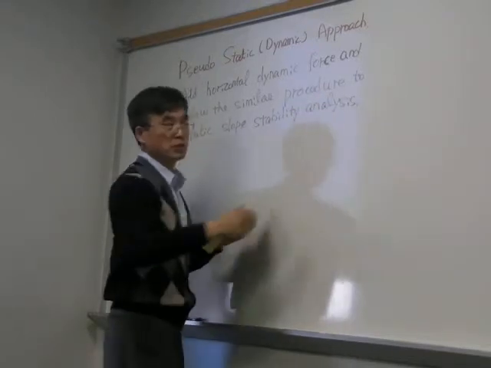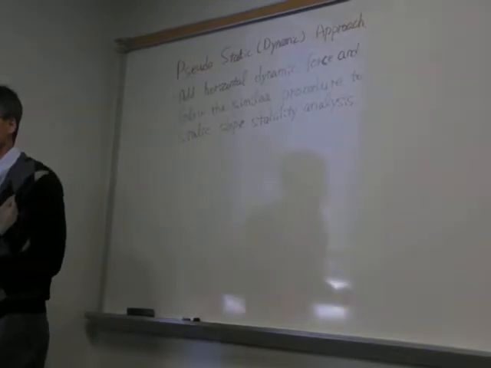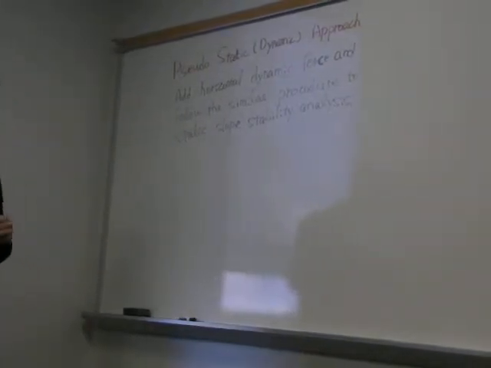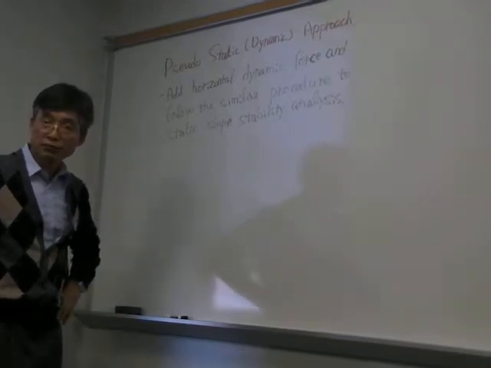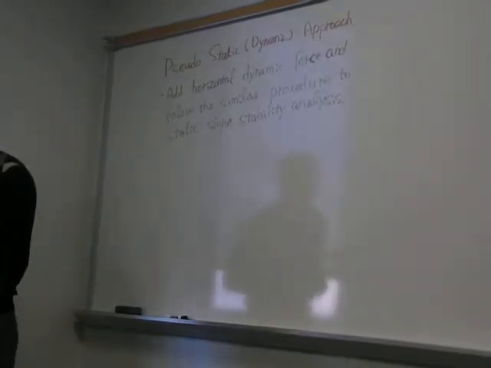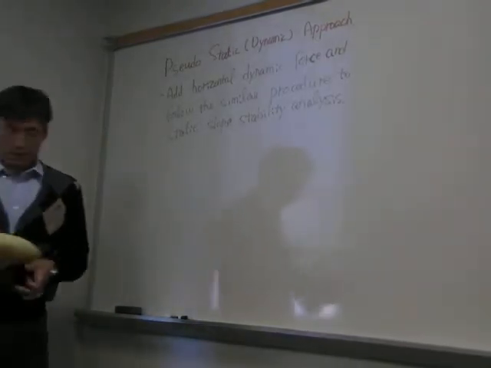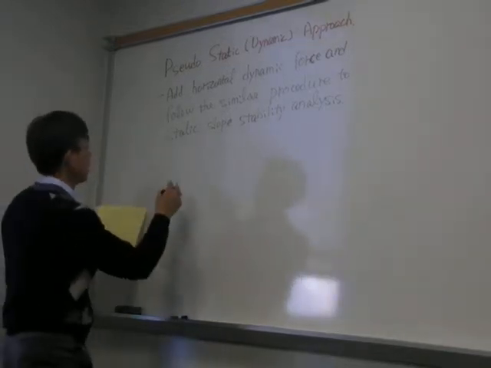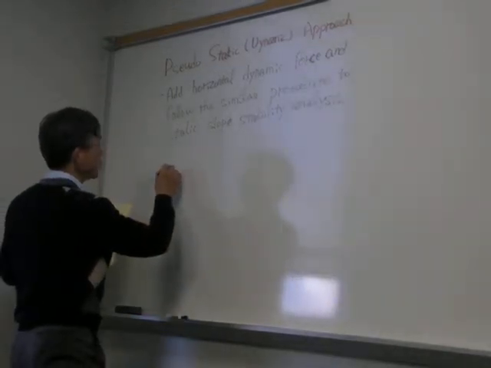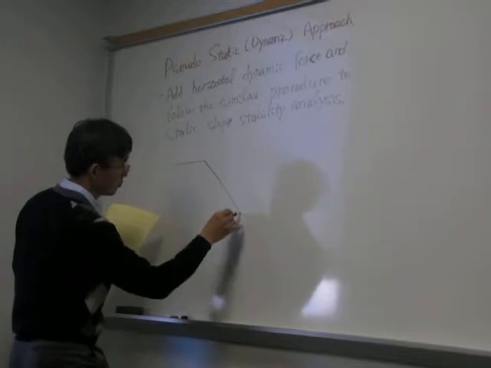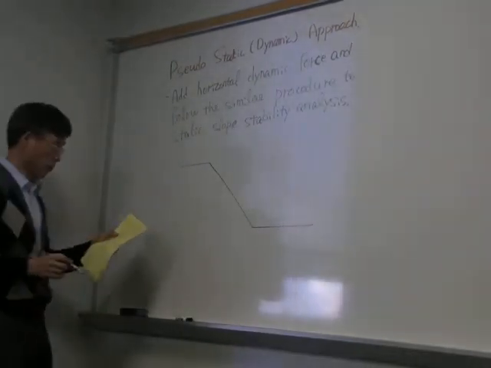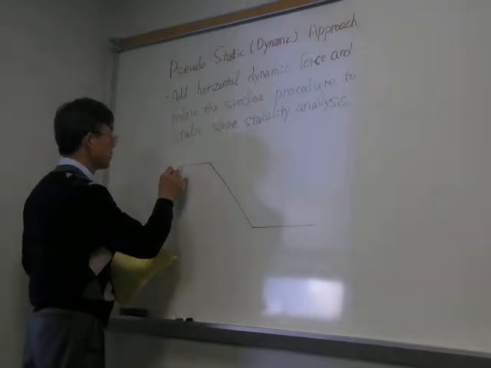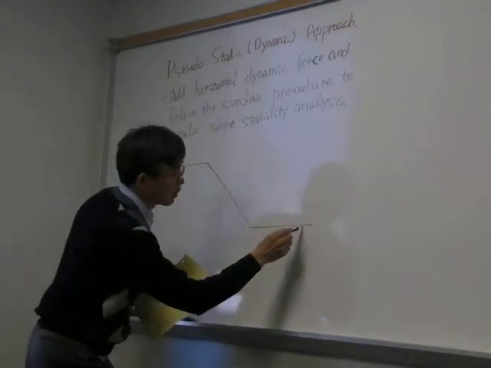I guess this approach is actually easy to understand because we already know how to analyze the static slope stability. And I will plot a small slope. Let's say this one is a slope surface, bottom surface.